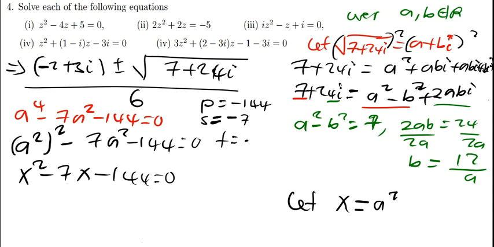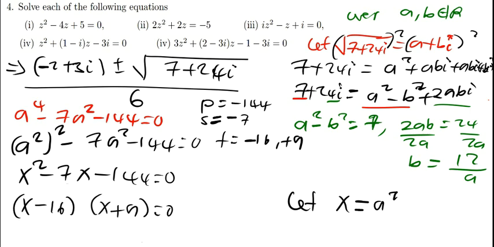Those are the factors, meaning x minus 16, again x plus 9 is equal to 0. But remember, we let x be equal to a squared. Where there is x, let's replace a squared. So it will be a squared minus 16, even here a squared plus 9.